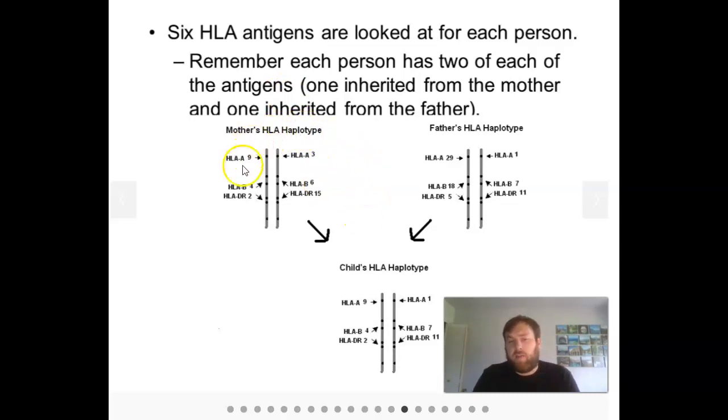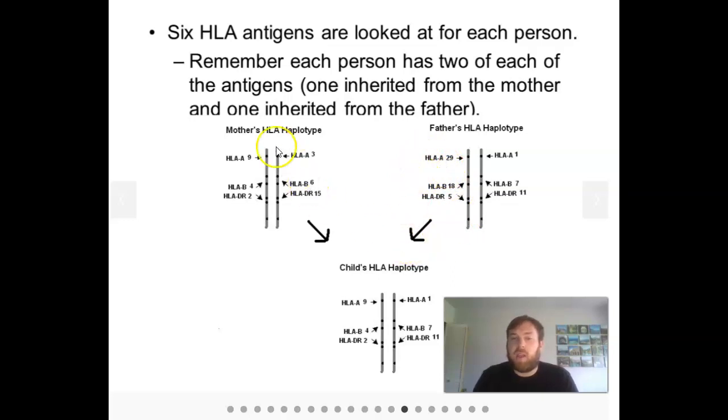Hence, if we have this as our mother's haplotype, where they have HLA-A9 and HLA-A3 at these 2 spots for these 2 copies of their chromosomes, and the father has HLA-A29 and HLA-A1, well, the father could pass down HLA-A1 and all this over here, and the mother could pass down HLA-A9 and all this over here, and these could be lost to the inheritance.